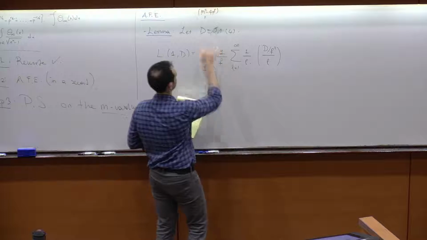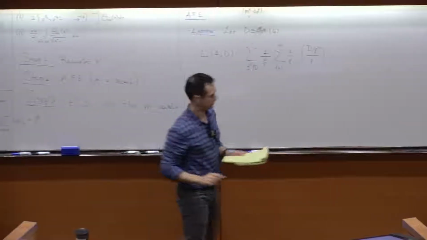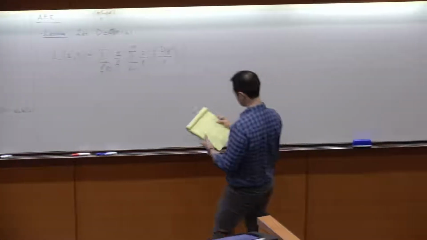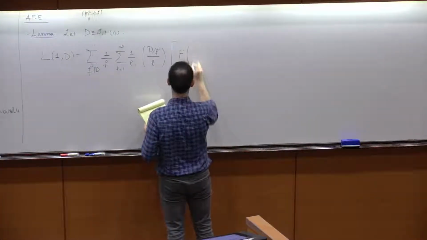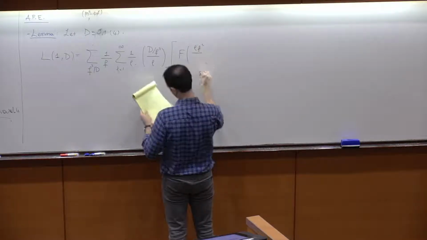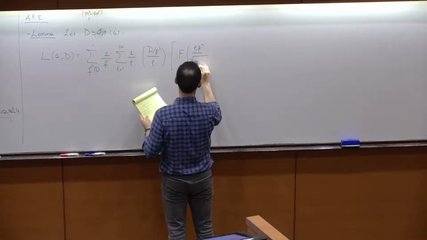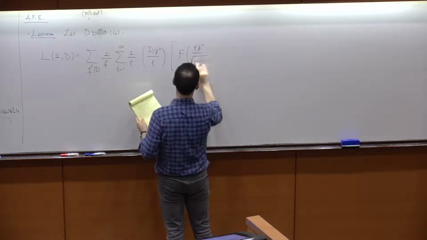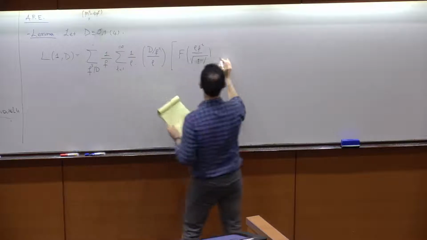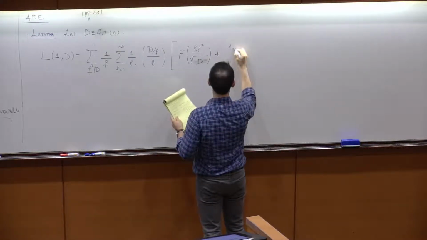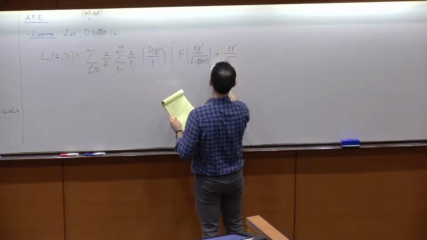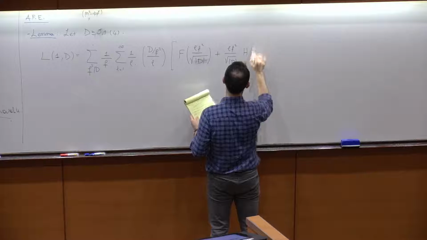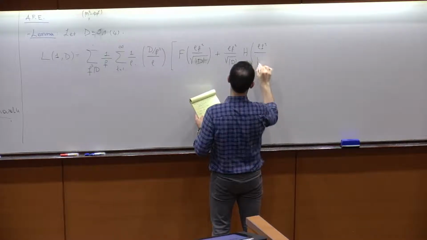Maybe I should put this dash here to emphasize that. And then we have the cutoff functions of yesterday. So there's f, L f squared by square root of D, plus L f squared over the absolute value of D, times h of L f squared over absolute value of D.